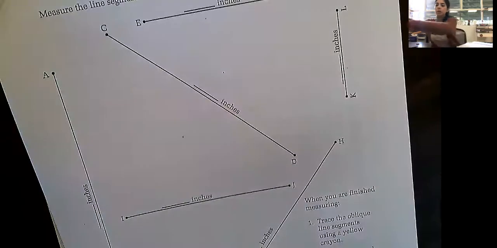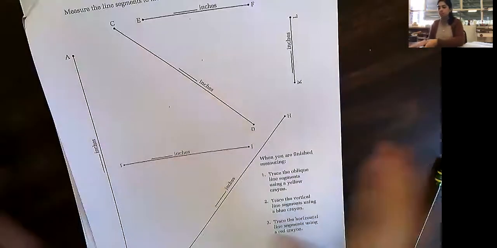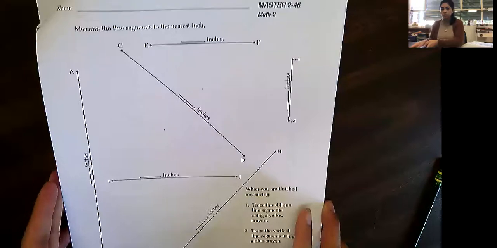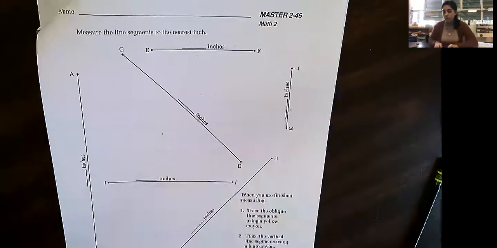Okay, boys and girls, you should have that worksheet and a ruler with you. So if you don't have that right now, go ahead and get that ruler and that worksheet. I'm going to share my screen so you know exactly what worksheet I'm talking about. Okay, put pause if you don't have it.